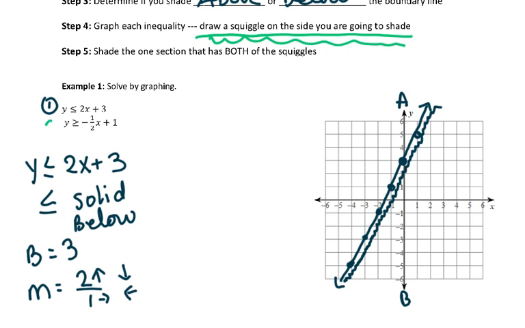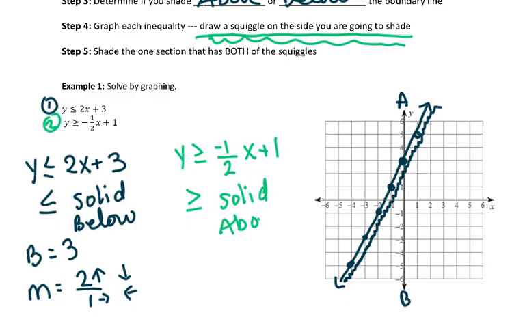Now I'm going to do my other line. I'm going to do it in a different color so you guys can see. y is greater than or equal to -1/2 x plus 1. So greater than or equal to, so this is going to be solid, and it's going to be above. B value is 1, and M is -1/2. So that's down and right, up and left.